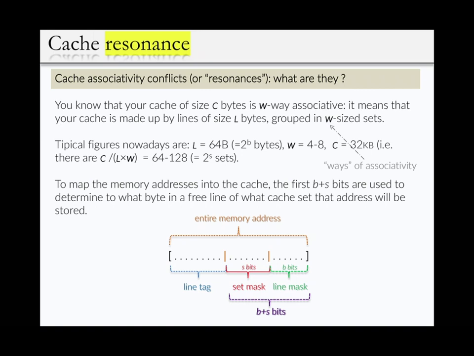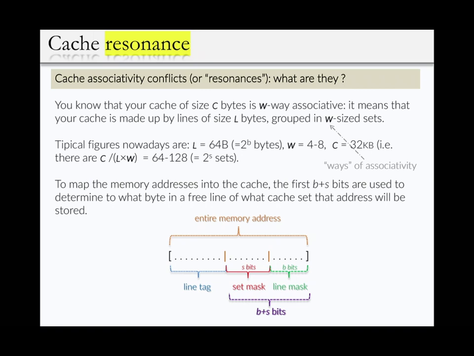Typically a line is 64 bytes, the associativity is 4 to 8, and the total capacity is 32 kilobytes. So how do you map a memory address to a cache?